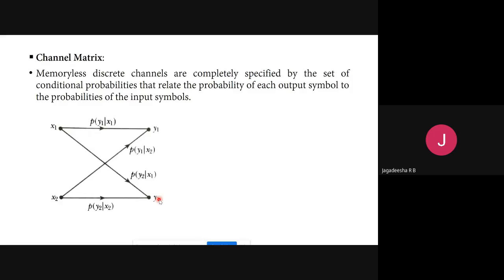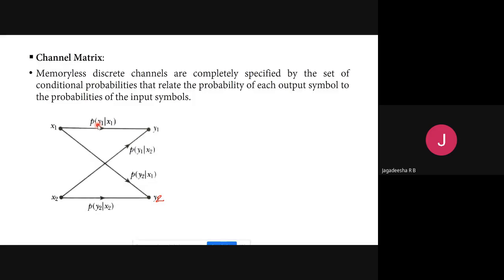Please make a change here as y2. Then if you transmit x2, you get y1 here, or if you transmit x2, when it comes through the channel, it may become y2.